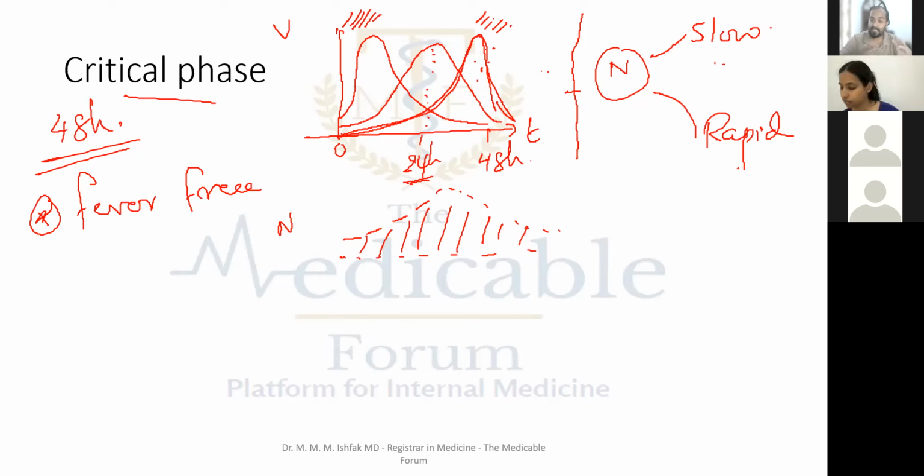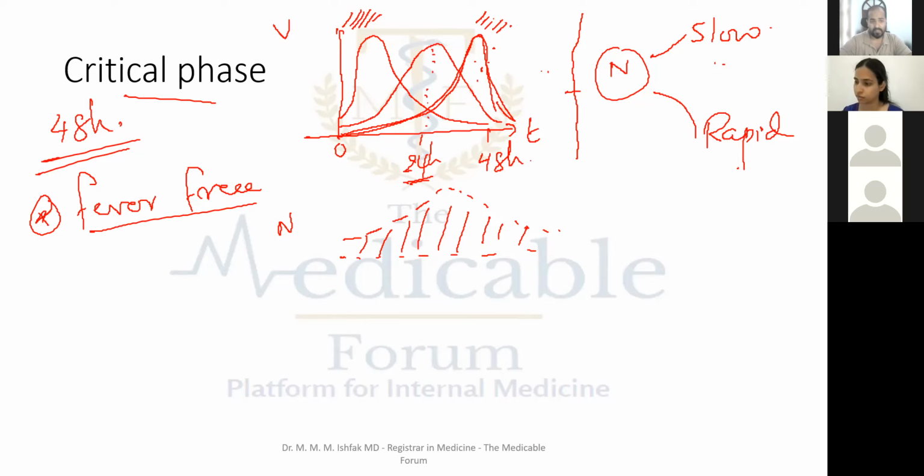Once the leaking starts, as long as you detect the leaking and you give proper fluids, you won't have any issue. If you don't detect the leak, that is where you have the problem, because you are not giving enough fluids, you are not matching the leak, you are going into an intravascular compartment compromise that would lead to organ dysfunctions, right?